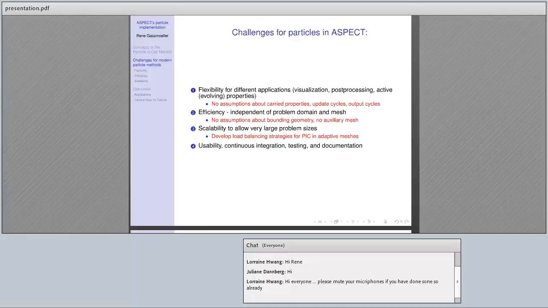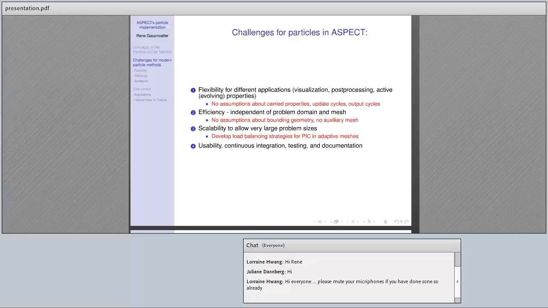And the fourth point is, if we implement all of this, it should be easy to use, it should be tested, and it should be implemented in the available development version of Aspect. I will talk in this presentation mostly about points 1 to 3, and I will leave point 4 with just the message that we use the same techniques as for the rest of the development of Aspect to make sure that the implementation remains usable.